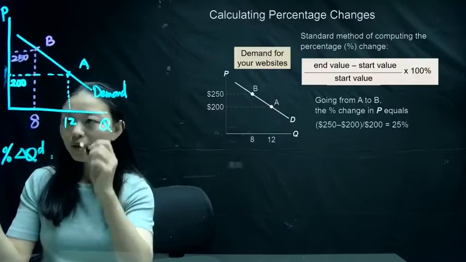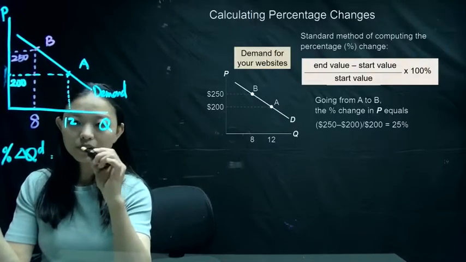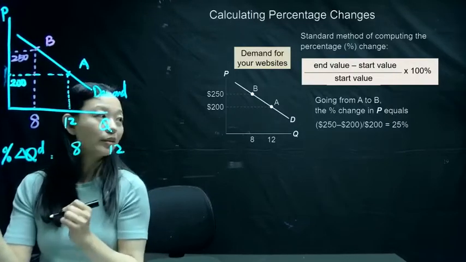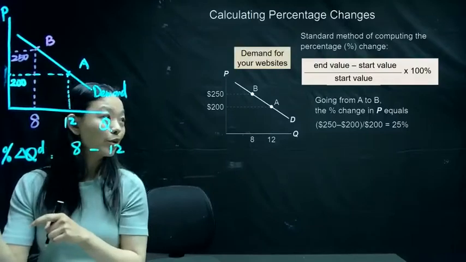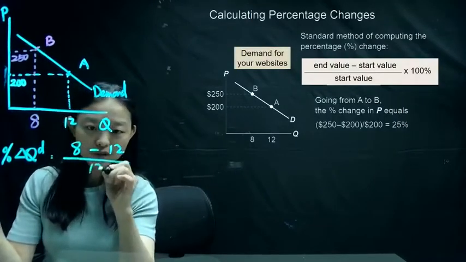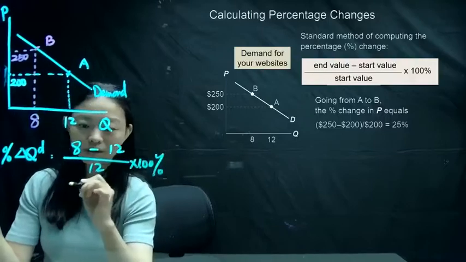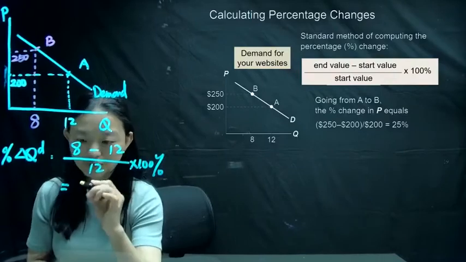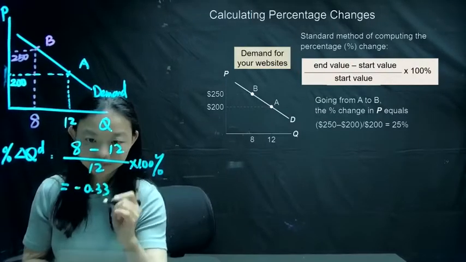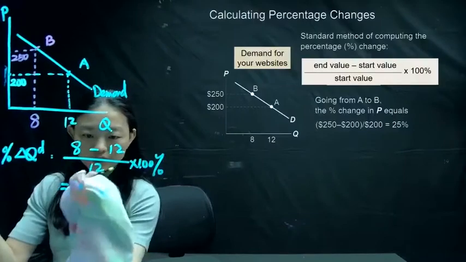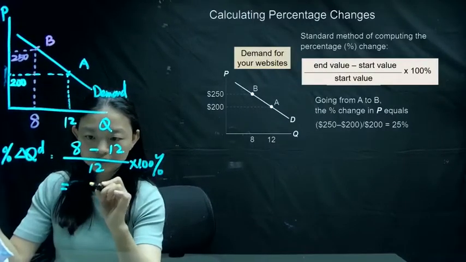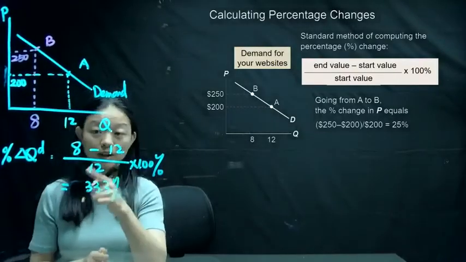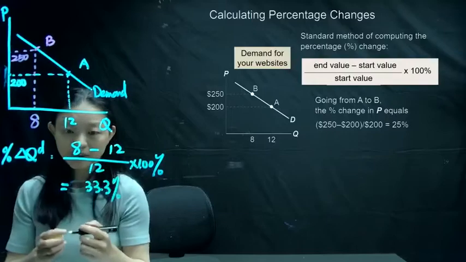The start value will be 12 and the end value will be 8, and then divide 12 times 100%. This gives you negative 4 divided by 12, so negative 33.3. That could be the percentage change in quantity demand.